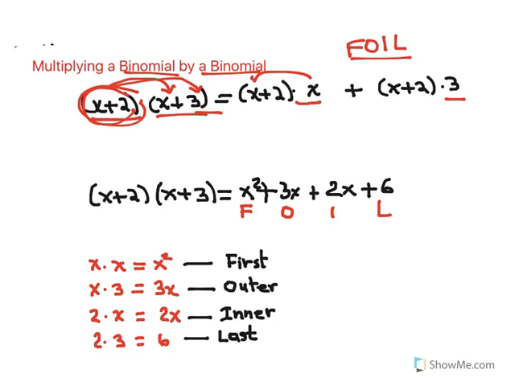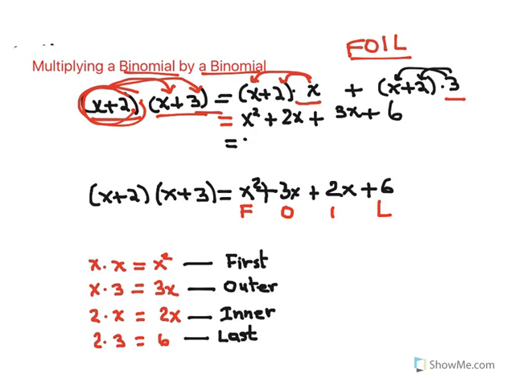If you multiply x plus 2 times x, you need to do the distributive property again. So x times x is x squared, 2 times x is 2x, and then I have 3 times x is 3x, plus 3 times 2 is 6.